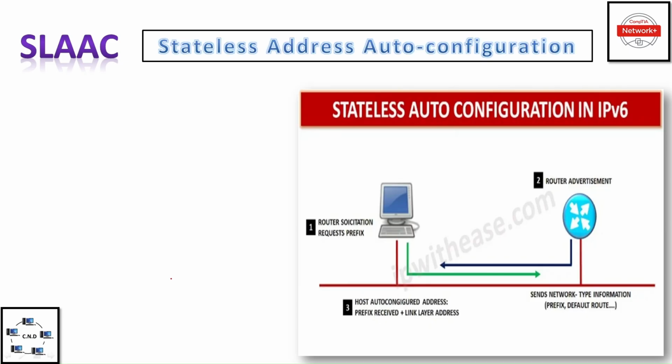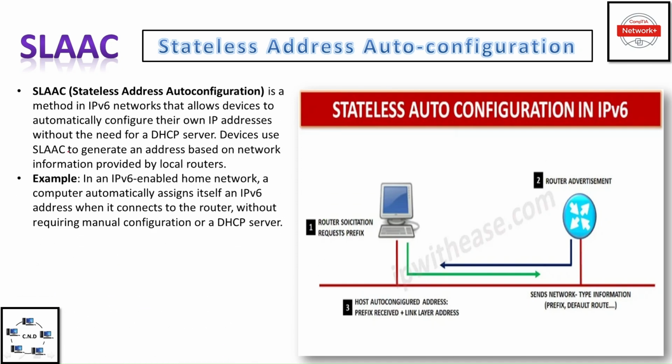SLAAC, that is stateless address auto configuration. So SLAAC, stateless address auto configuration, is a method in IP version 6 networks that allows devices to automatically configure their own IP addresses without the need for a DHCP server.